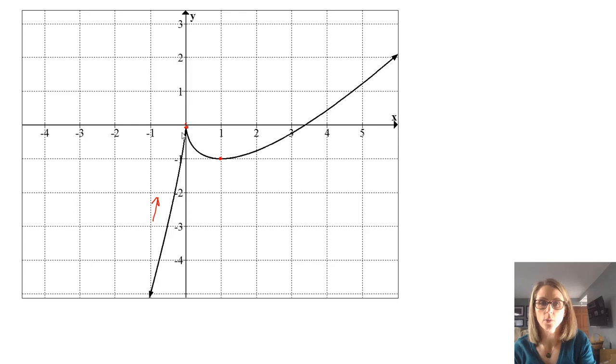And so our function's increasing up to 0, 0, then it decreases down to 1, negative 1, and then it increases after that. Now, we don't have any place where the concavity changes, but notice that we are concave up here, even though it's a very slight concave up, and then we're concave up for the rest of the time.